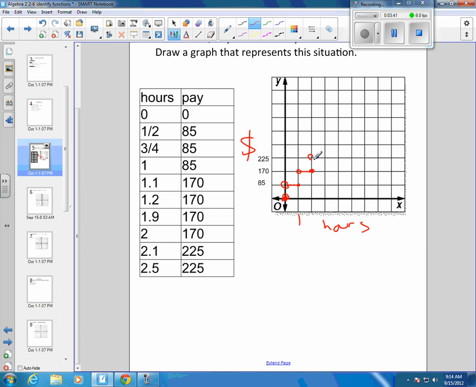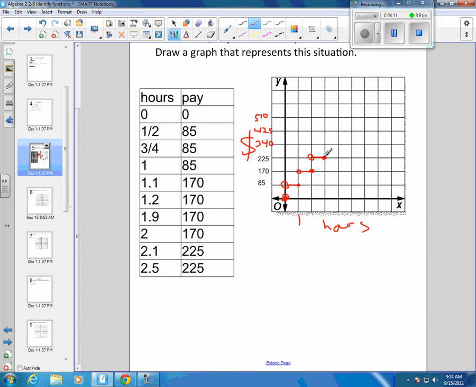And then at 2 hours and 1 minute, I jump up and I'm going to pay $225. And I can keep going with that just by adding 85. So 225 plus 85 is 340. And then plus 85 more is 425. And plus 85 more is 510.